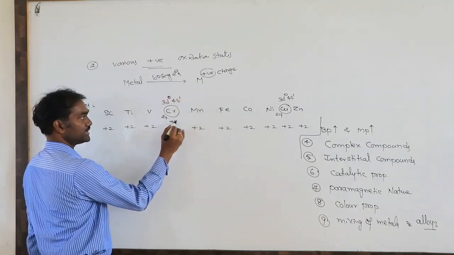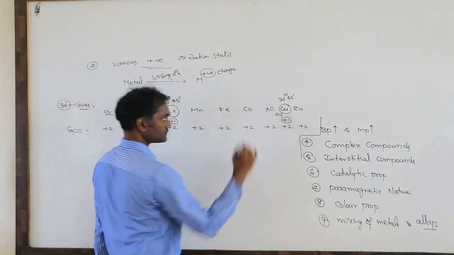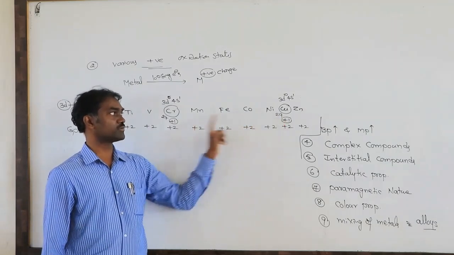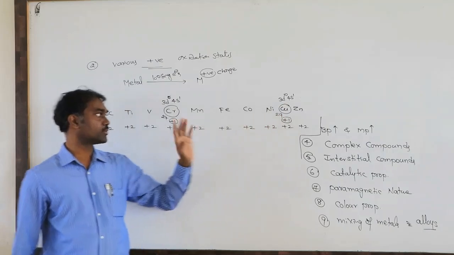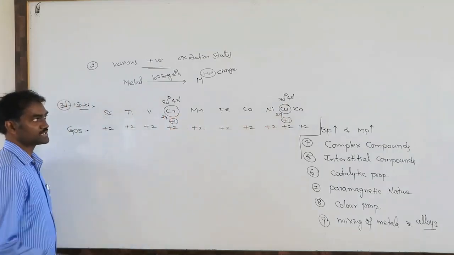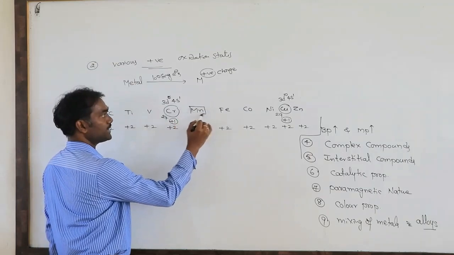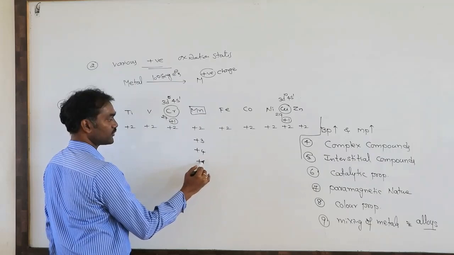So that's why these are showing +1. So chromium and copper both have the capacity to show +1, but copper +1 is much more common compared to chromium.